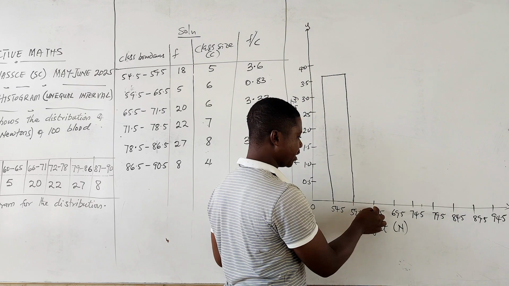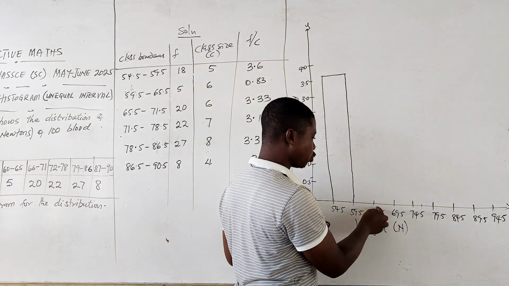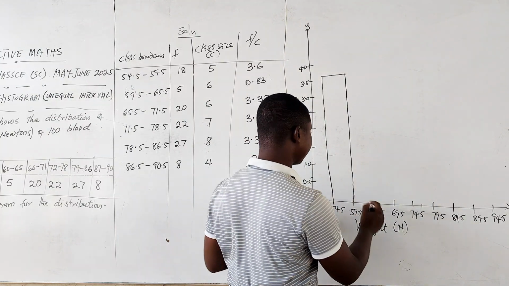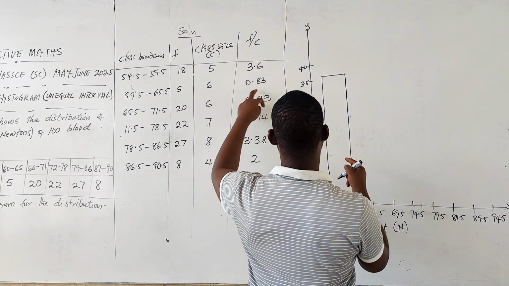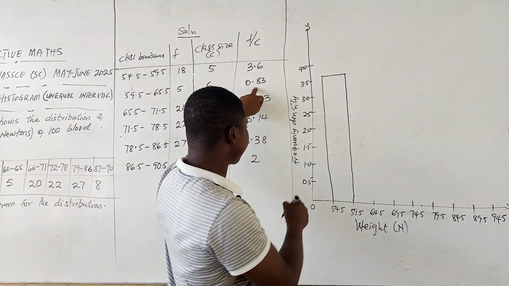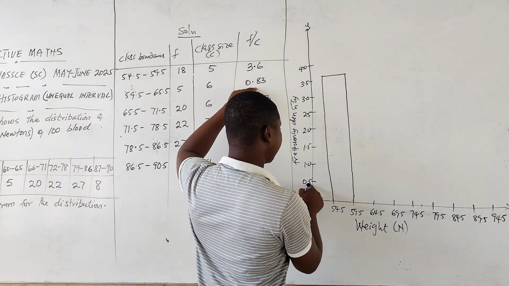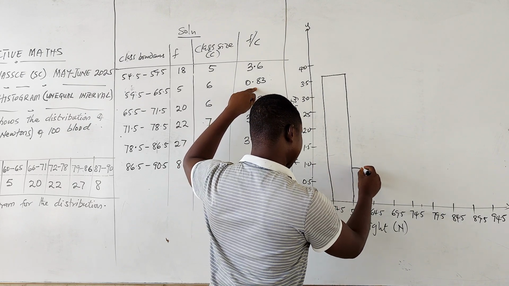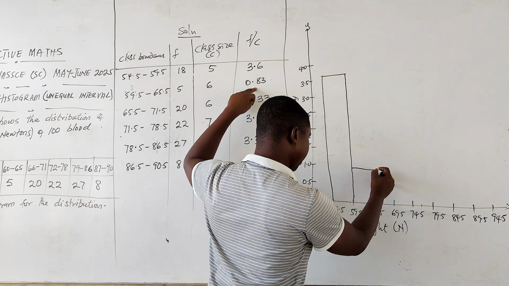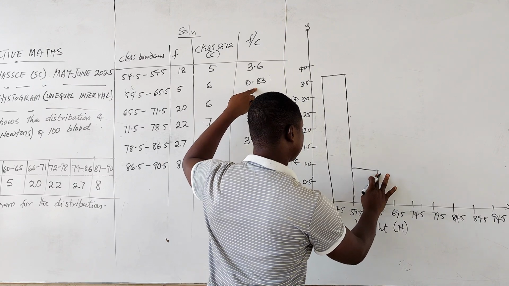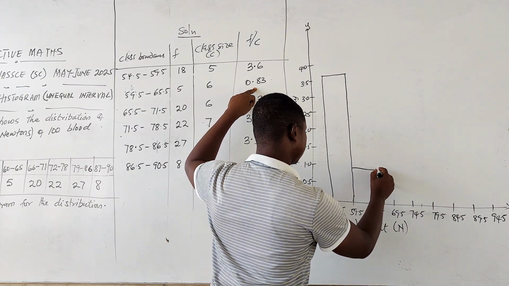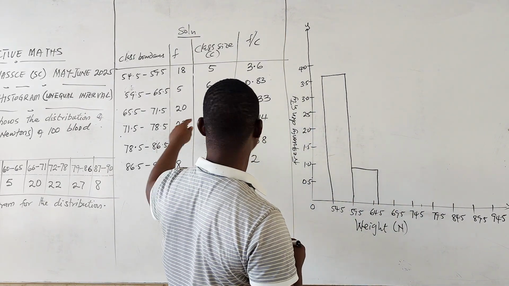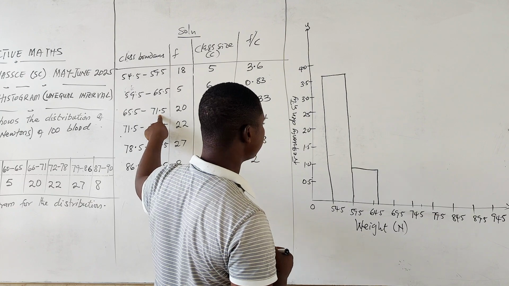And that one is 0.83, so 0.83 will be somewhere here, up to 65.5.